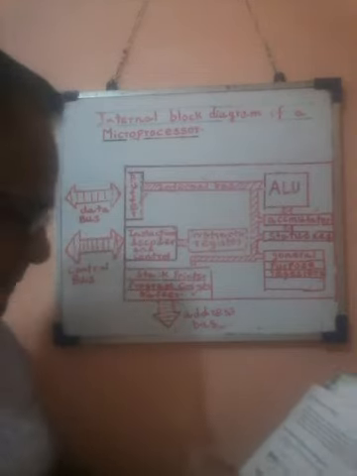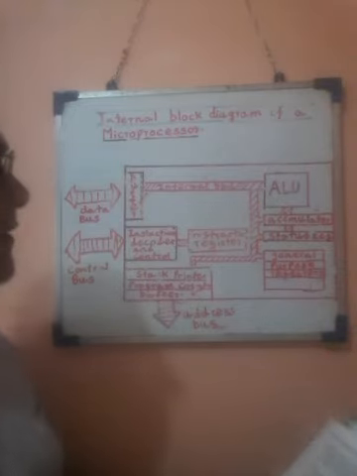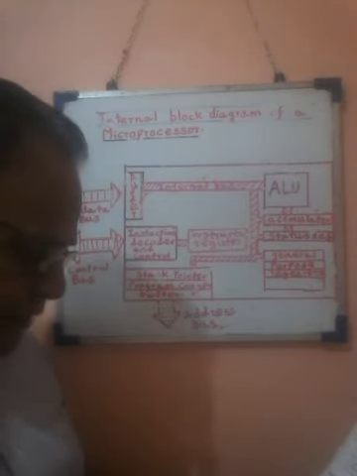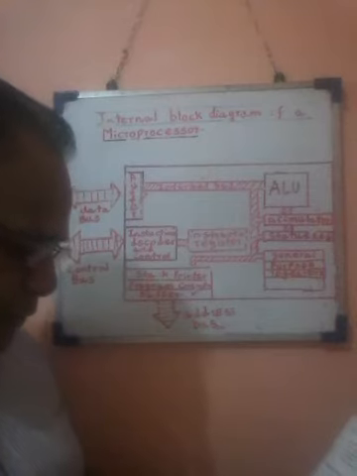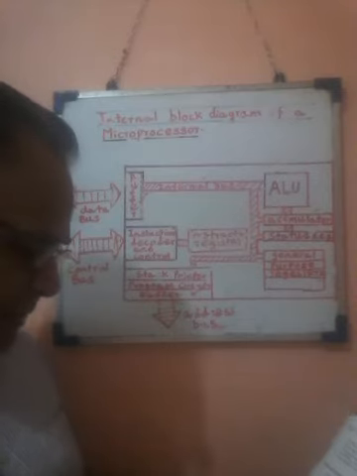This is a briefing about the microprocessor functions. Now I am going to tell all of them. You can note down: buffer, to interface the address and data bus to the microprocessor.